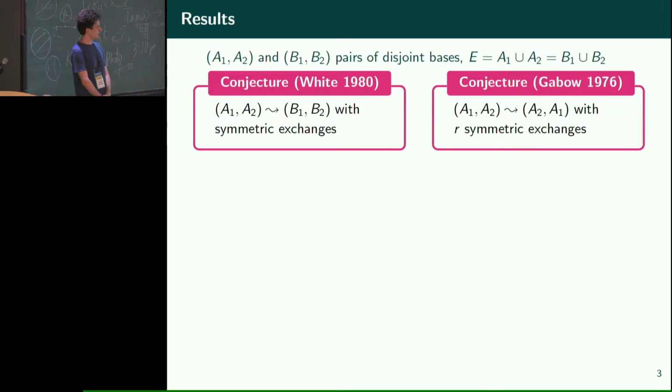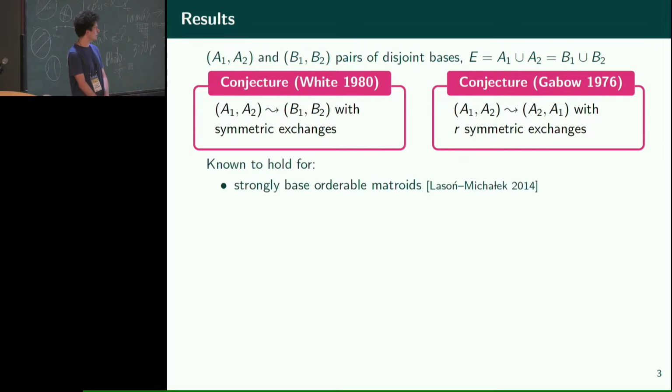So let's get back to this basis pair setting. What is known about these conjectures for special matroid classes? For example, they hold for strongly base orderable matroids. We have already seen some today. For example, gammoids are strongly base orderable. They also hold for sparse paving matroids. So if almost all matroids are sparse paving, then they hold for almost all matroids.